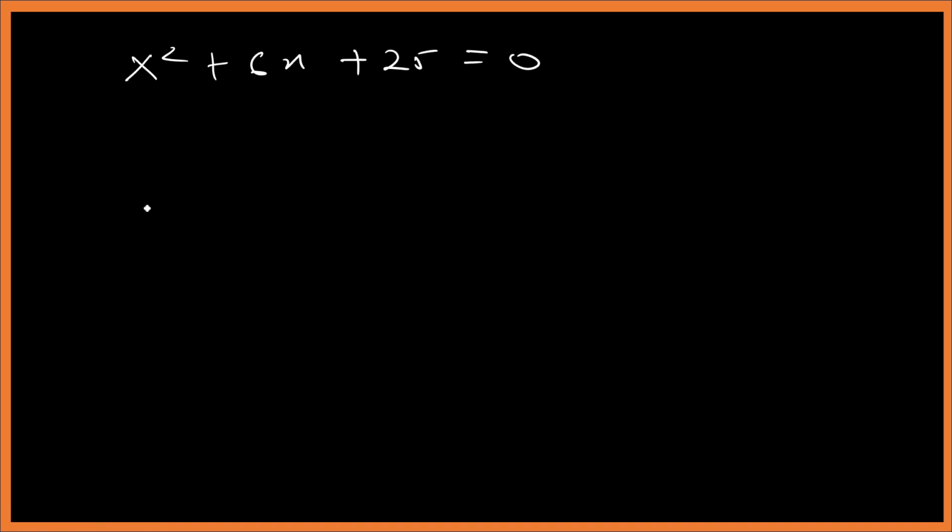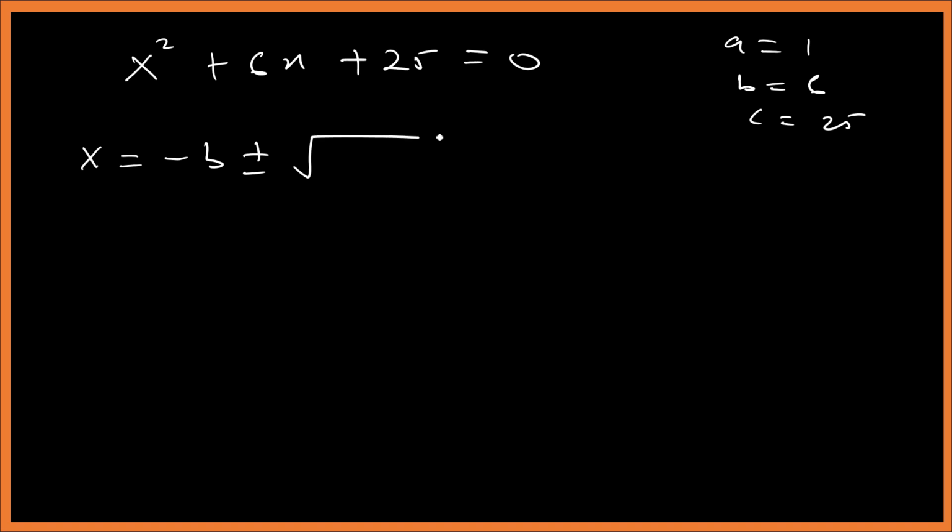Okay, so let's solve this one. Let's use the almighty formula. So we have a equals 1, b is 6, c is 25. So we have x equals minus b plus or minus square root of b squared minus 4ac, over 2a.